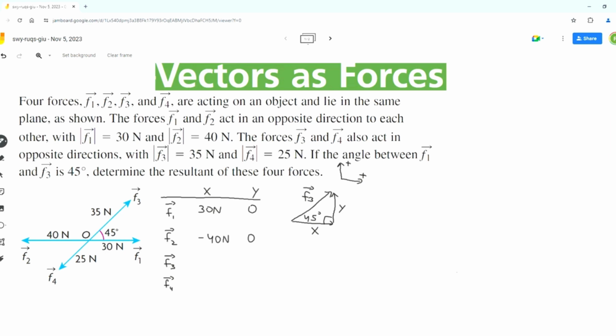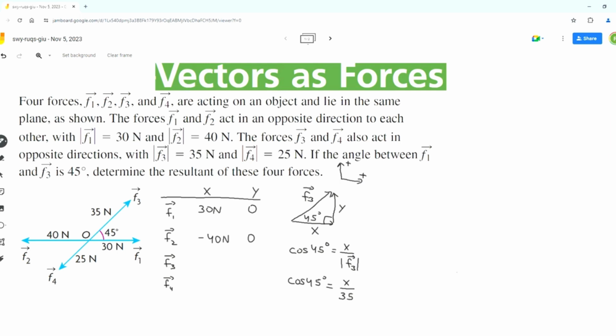We'll start with the x component, and since x represents the adjacent side with respect to the 45-degree angle and F3 is the hypotenuse, we'll use the cos ratio. The length of the hypotenuse is represented by the magnitude of F3, and the magnitude of F3 is given as 35 newtons.